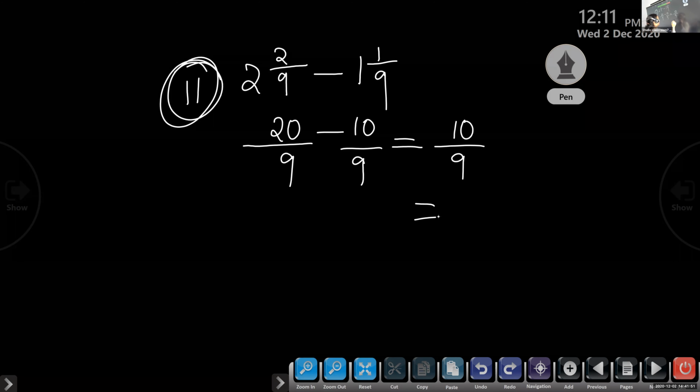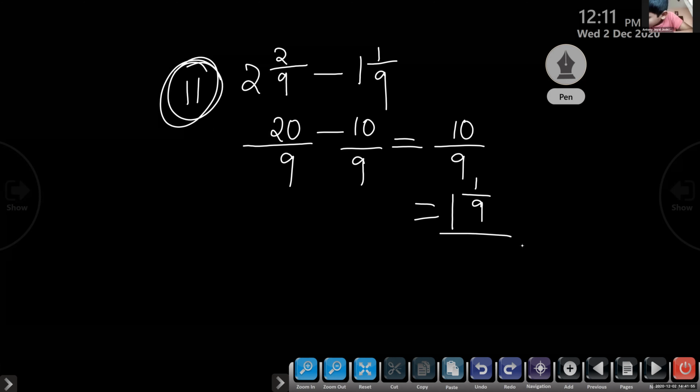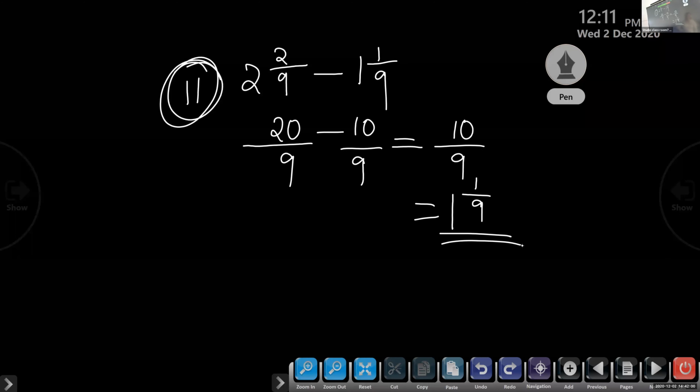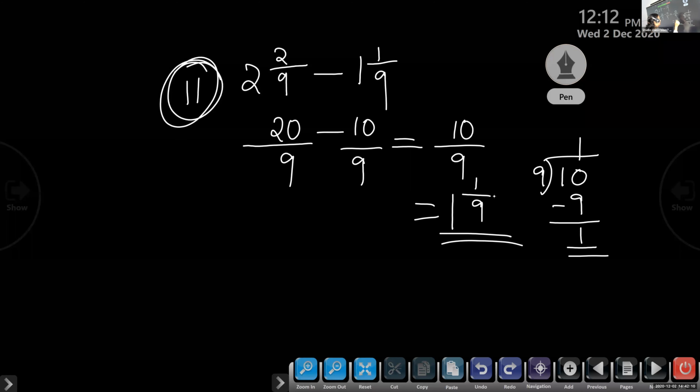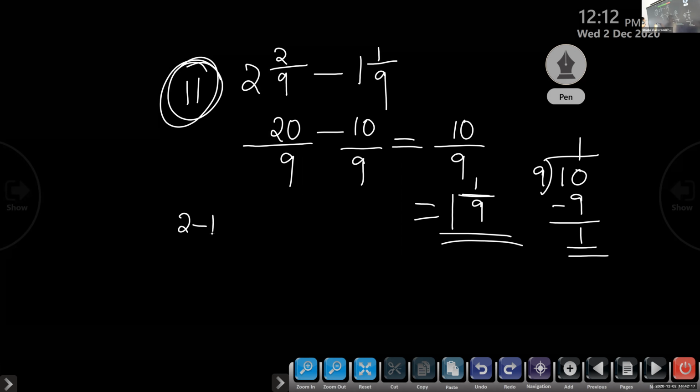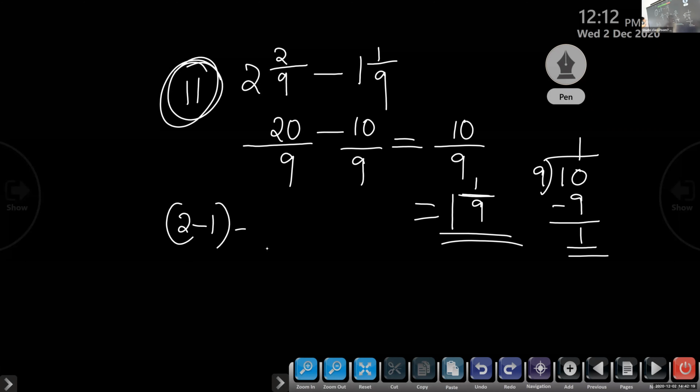Okay. So, you can see 10 by 9 is the answer. You have to convert this into a mixed fraction. How can you do it? 10 divided by 9. 1 into 9, then subtract, the remainder is 1. So 1 and 1 by 9. Now, like the other method, how Agni was telling, we can do 2 minus 1. That is the whole number, so we take 1.